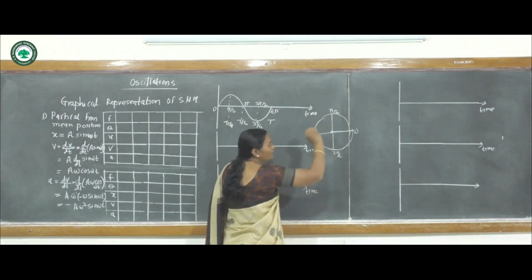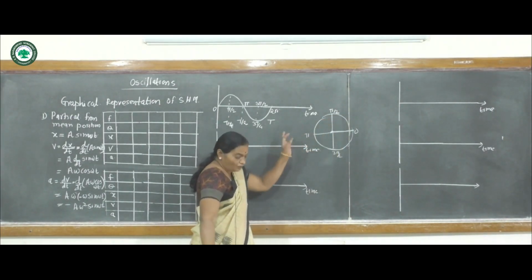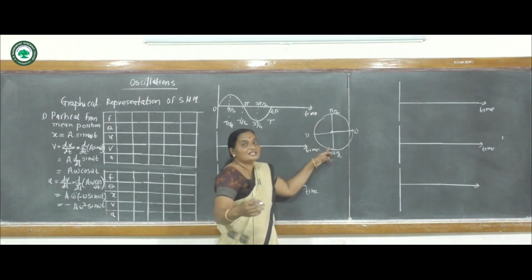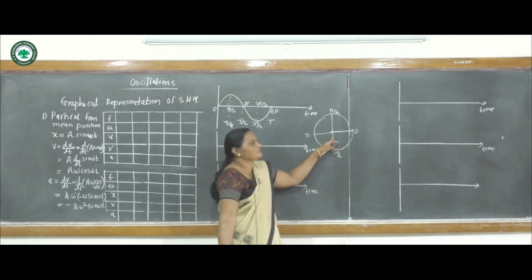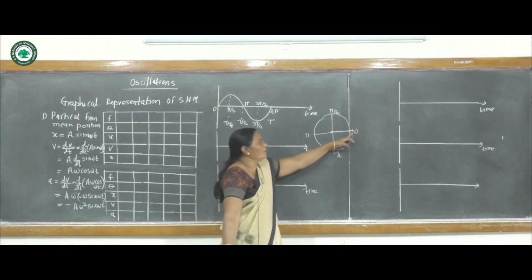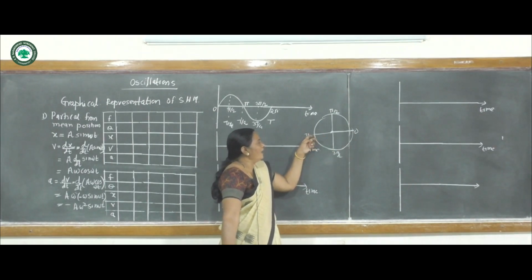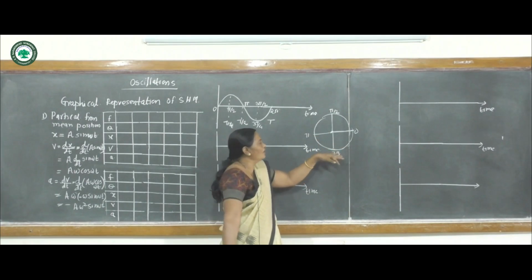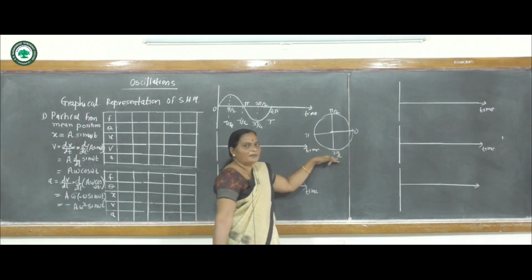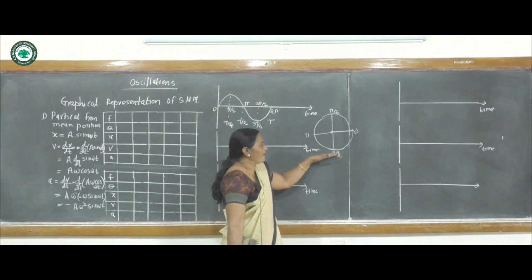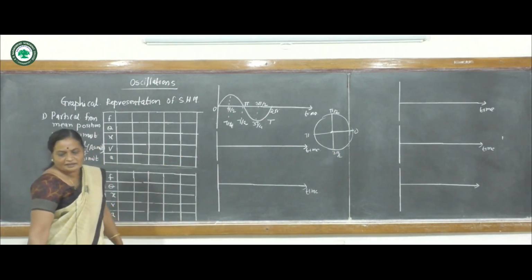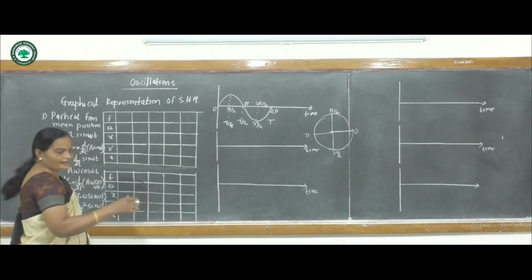The particle completes one oscillation, and T is the period, the time taken to complete one oscillation. At 0 and at pi, the mean position, displacement is 0. At pi by 2 and 3 pi by 2 displacement is maximum. Now we consider the functions, first the angle theta.